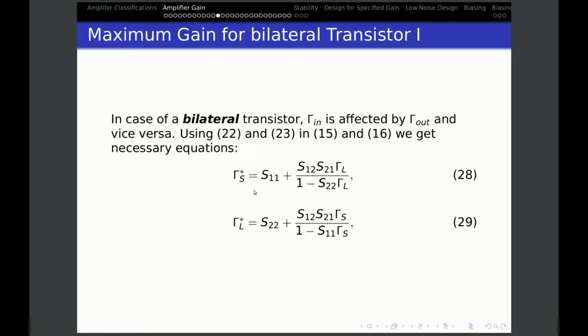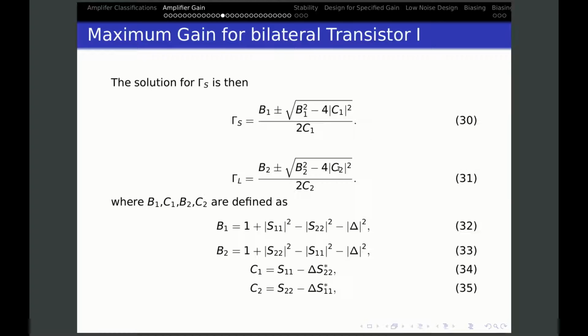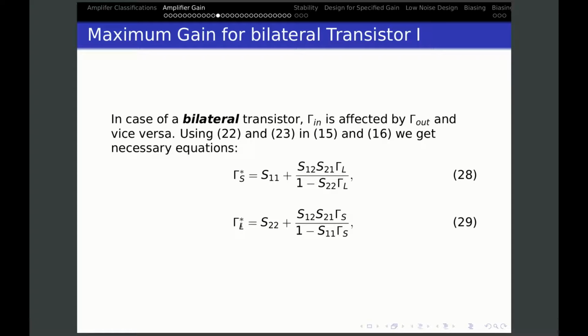You see here already that in order to pick gamma S, you have to know the S parameters of your transistor, and you have to know gamma L. In order to pick the gamma L, you have to know the S parameters and you have to know gamma S. And now you are in a kind of a catch-22, because you cannot pick gamma S because you have to know gamma L, and you cannot pick gamma L because you have to know gamma S.